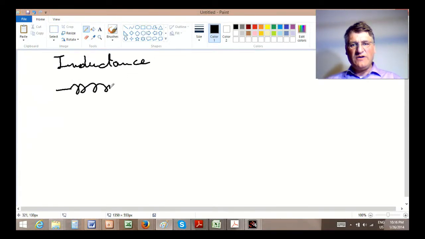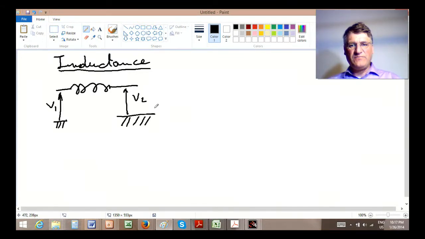It looks like a solenoid because it is a solenoid, which is wrapped around usually a piece of metal, soft iron. The ground is here, V1 is here, V2 is here, and I is here. Again, I1 is equal to I2, so no particular big deal here.